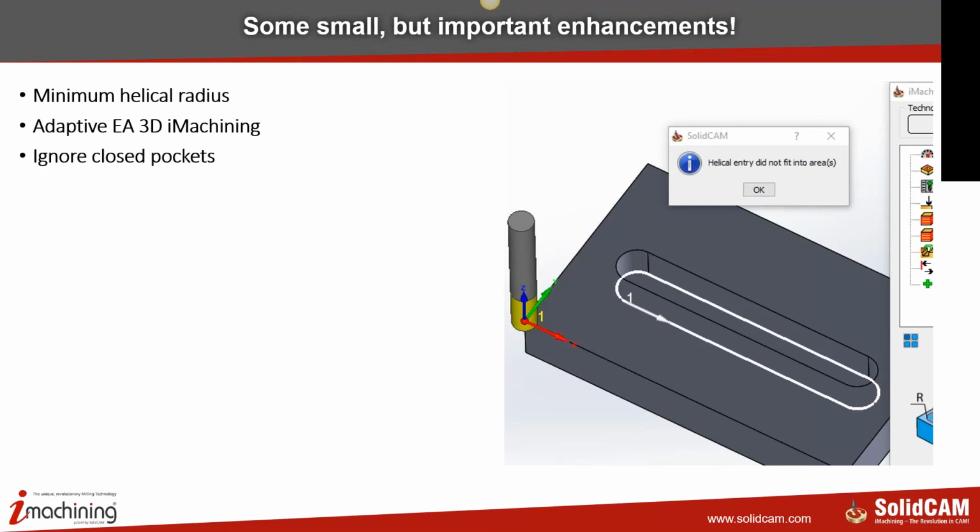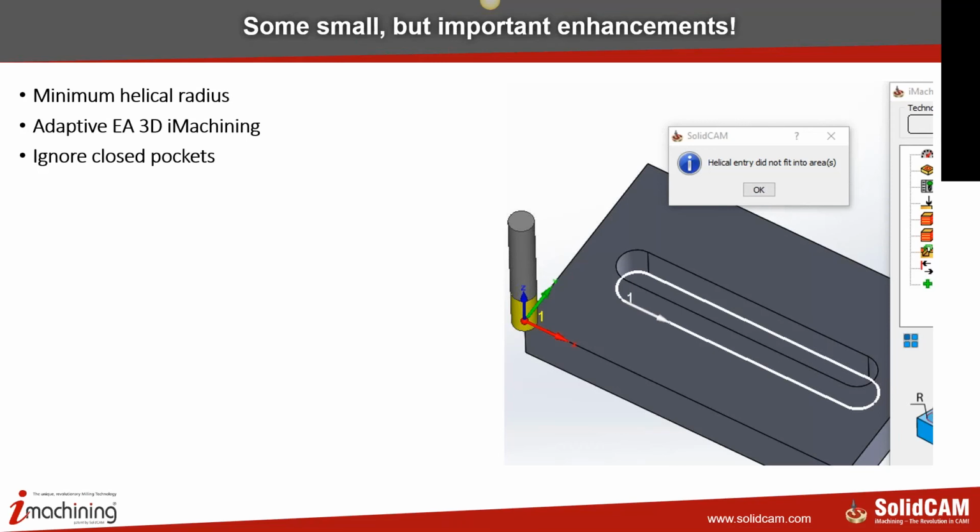Now I have three little enhancements. They're really simple, but I wanted to review them because they're so easy to miss in the what's new, yet they're very critical for cutting with iMachining.